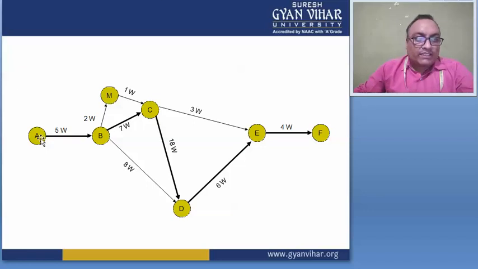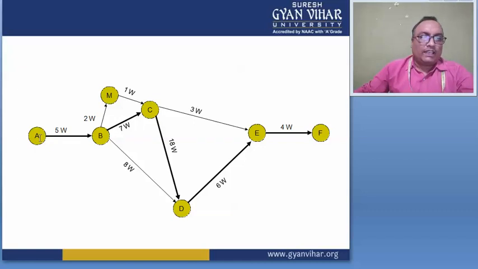How much time does this path require? 5 plus 2 plus 1 plus 3 plus 4. The total time is 5 plus 2 is 7, 7 plus 1 is 8, 8 plus 3 is 11, 11 plus 4 is 15. So it is 15 weeks, right?